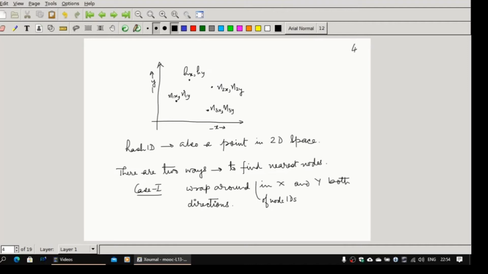Whichever node is closer, closer essentially can be Euclidean distance, where I can compute the distance as the square root of (Hx minus Nx) squared plus (Hy minus Ny) squared.